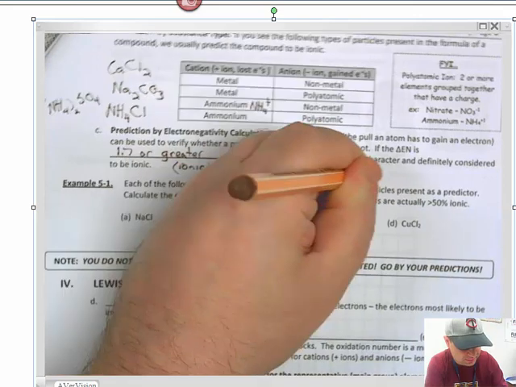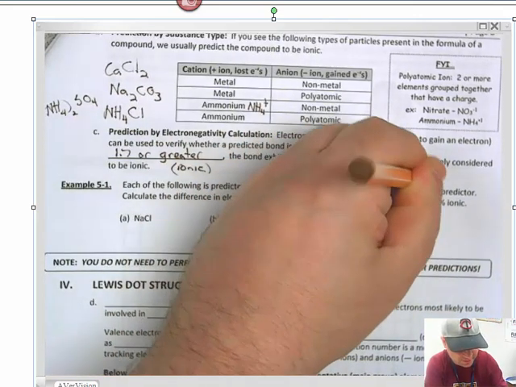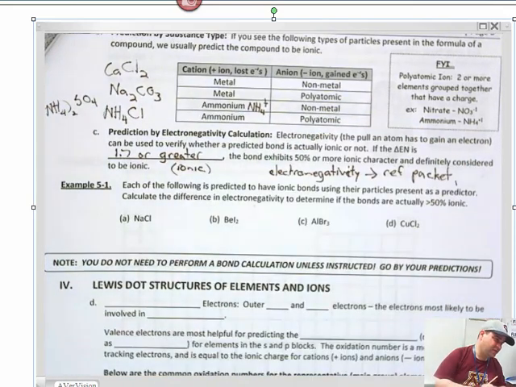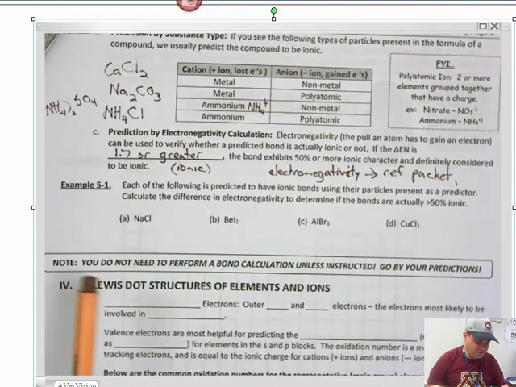There is a periodic table listed in the reference packet that has these numbers that I am using to do this. So what you do here is you look up those electronegativities.